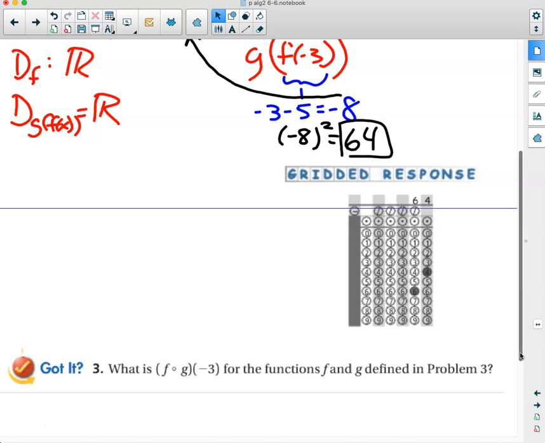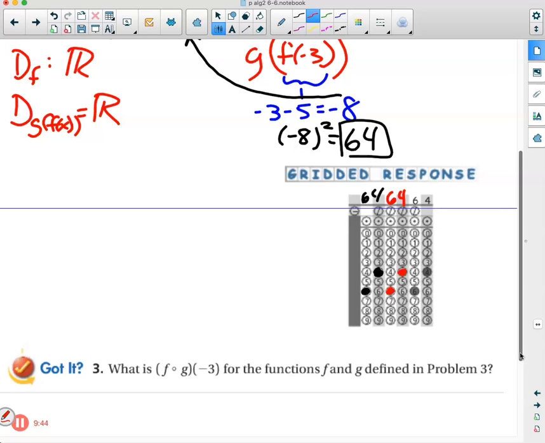You got the right answer. If you start over here on the left, 6 and 4, you'll get full credit. It was the right answer, and the computer read it. You do this, no credit.